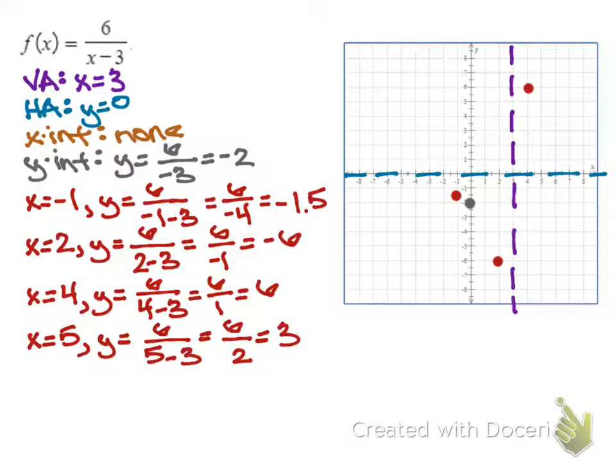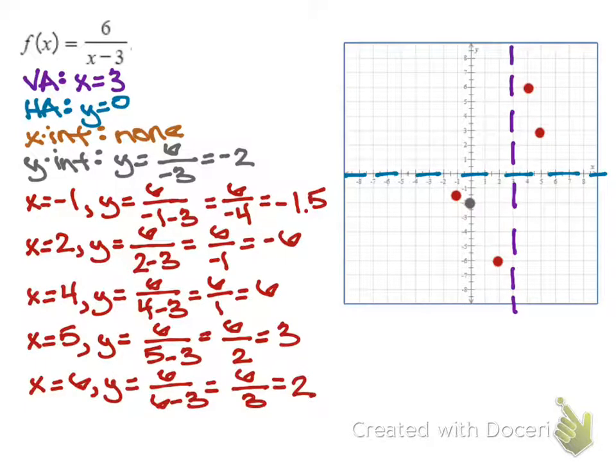So I will plot the point 5, 3. If we're not sure, we could even go ahead and see what happens when x is 6. When x is 6, y is 2. So you can see it's just going to kind of flatten out a little bit. So then we'll just draw that in. Always a good idea to sketch your graph out before trying to do your answers in ALEKS.